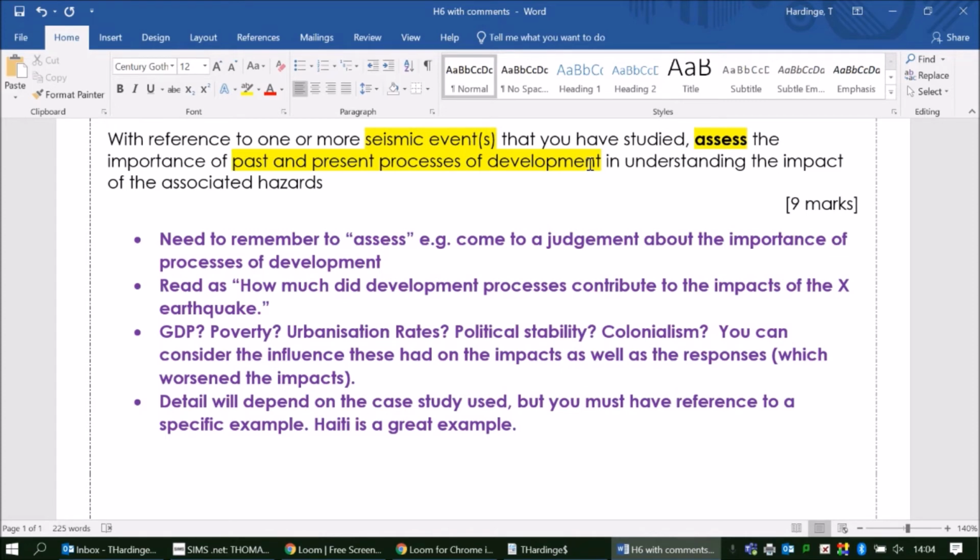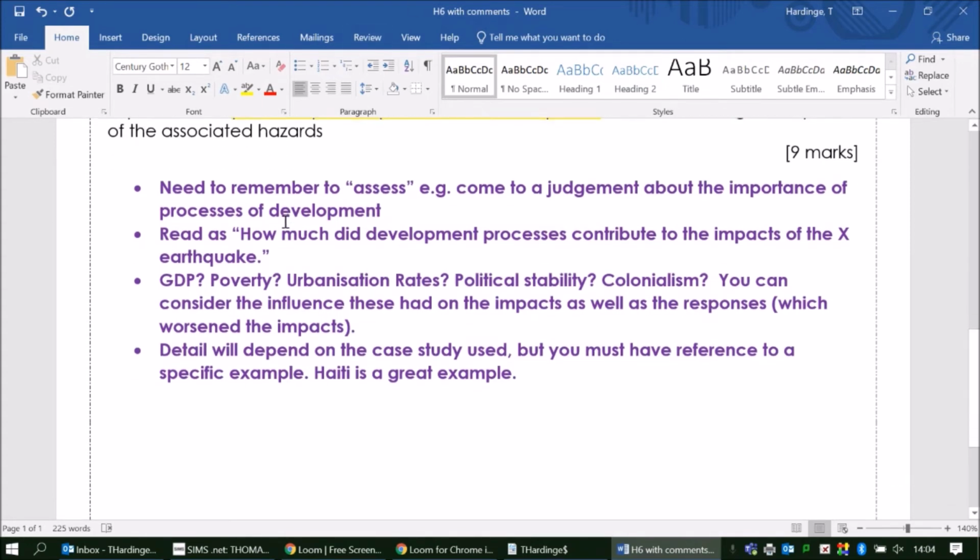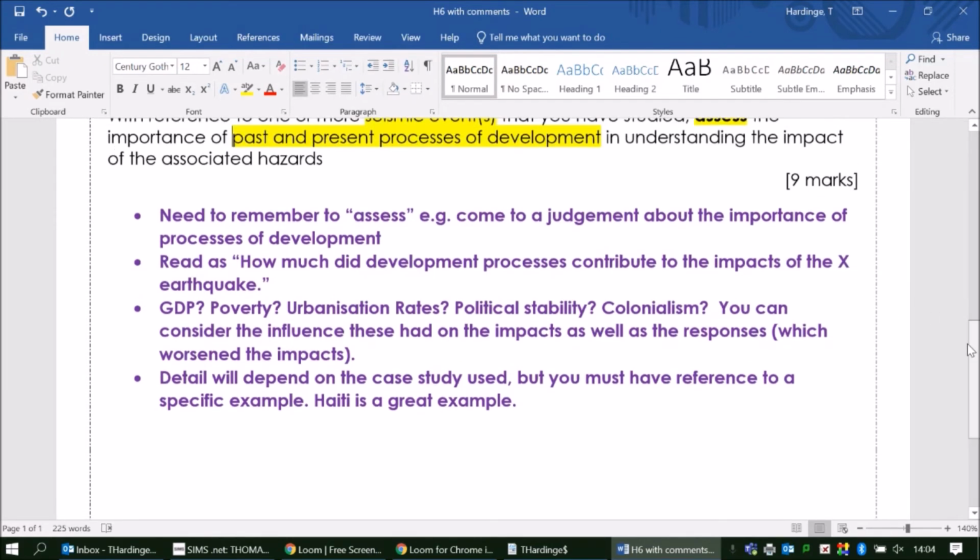So we're thinking about how important those processes are in helping us to understand the impact of a hazard? So really, we can think about reinterpreting that question as being, how much did development processes contribute to the impacts of the earthquake in whatever place?